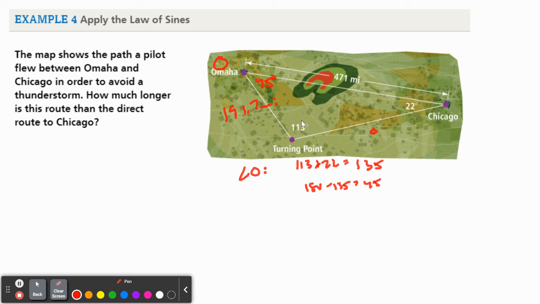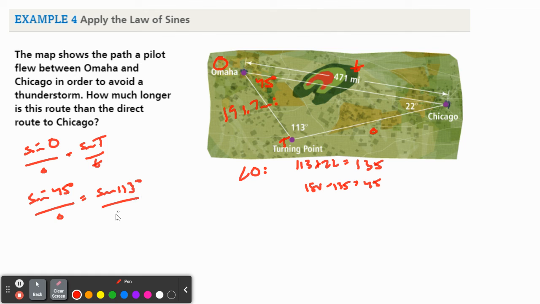So now we use the O's, and again I'll use the T's because I had to round to find this length of c. So sine of O over O equals sine of T over T. Sine of 45 degrees over O equals sine of 113 degrees over 471. Cross multiply: O sine of 113 degrees equals 471 sine of 45.